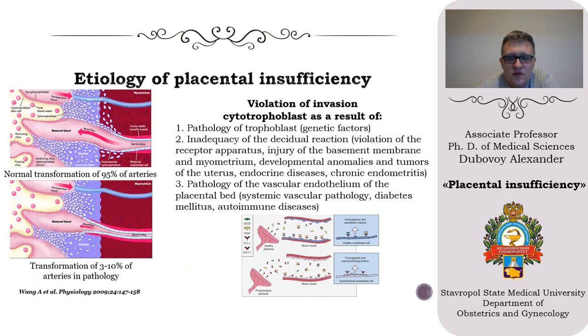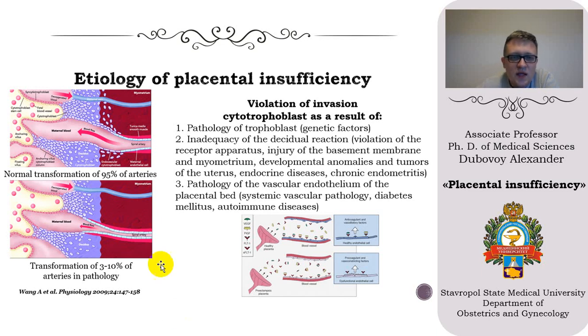Subsequently, the effect on these vessels of substances that cause vasospasm leads to narrowing of the lumen up to 40% of the norm, and the subsequent development of placental ischemia.